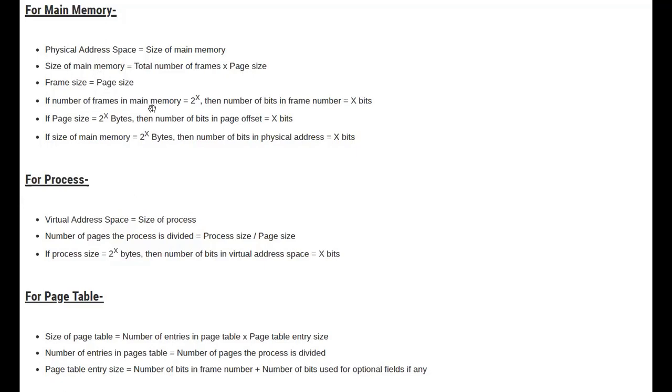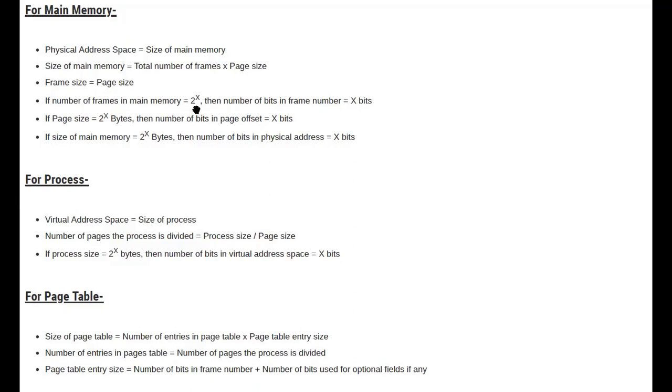If number of frames in the main memory is equal to 2 raised to the power x, then number of bits in frame number is equal to x bits. This is logical.